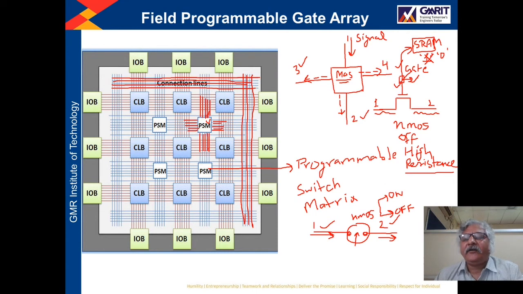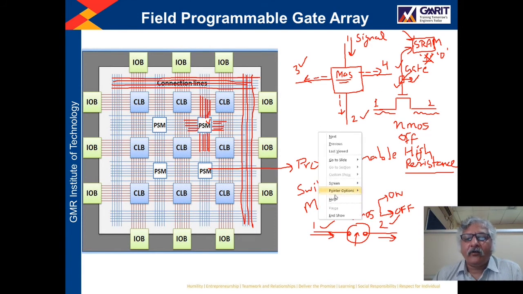For that, the gate is connected to one SRAM cell where you can store 1 bit. So in the SRAM cell we can download binary 0 or binary 1, and accordingly turn the MOSFET on and off, which ultimately breaks or makes the connection between wire 1 and wire 2. So this is the logic for routing of the wires.